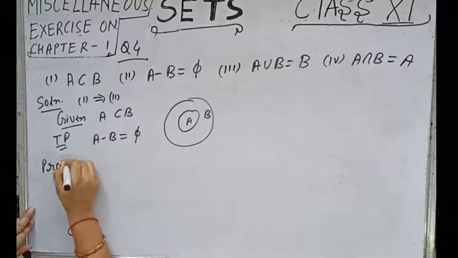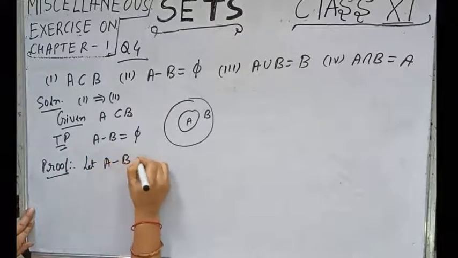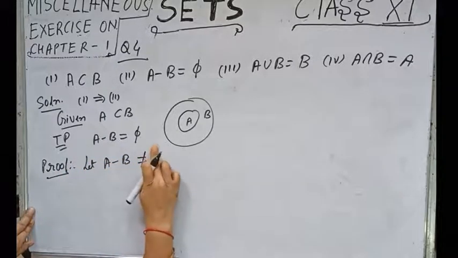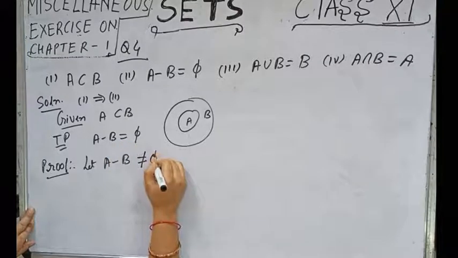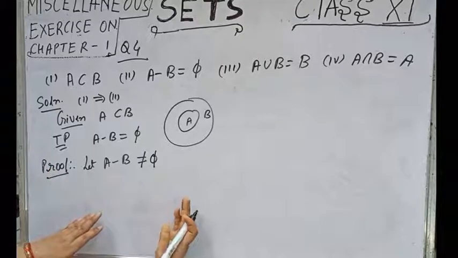So in proving part, proof, let A minus B is not equals to 5. I have to prove it is 5, so I am proving it by contradiction. Let us suppose if possible that A minus B is not equals to 5.